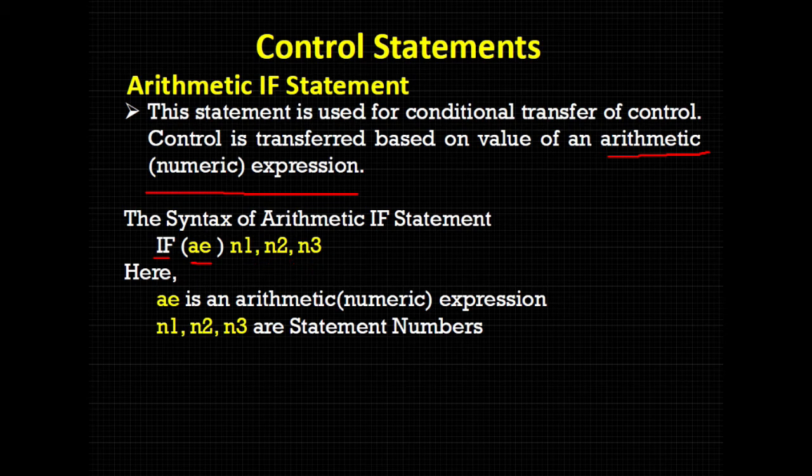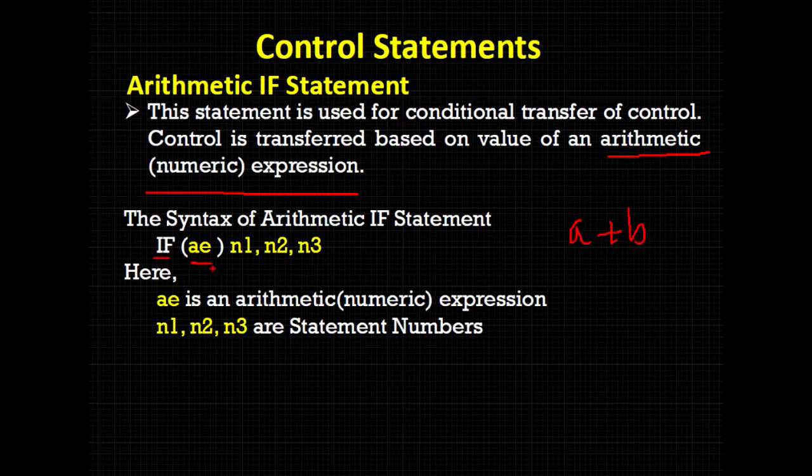Now we have seen arithmetic expressions. One example of an arithmetic expression is a plus b, where plus is the arithmetic operator and a and b are operands. On the result of this, it will depend whether it will execute statement number 1, statement number 2, or statement number 3.